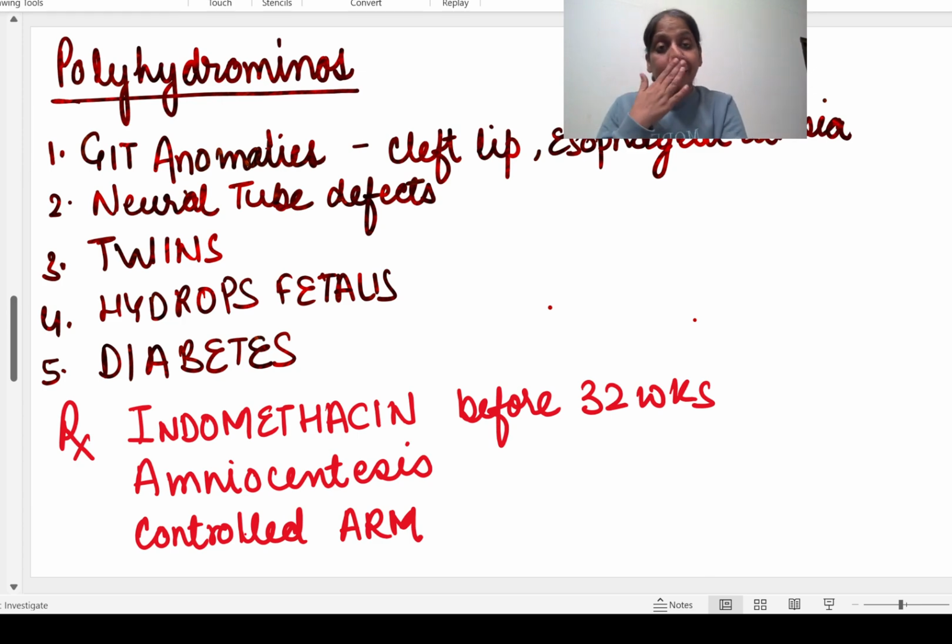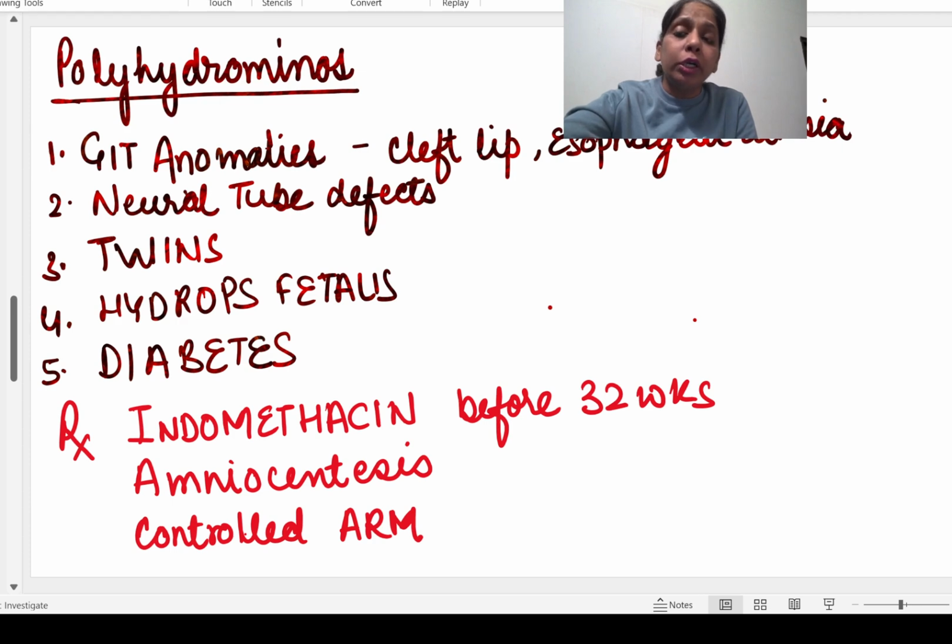For example, in the case of the cleft lip, in the esophageal atresia. So the most common anomalies leading to polyhydramnios is GIT anomalies, because the fetus is not able to swallow its own urine, which was happening normally. There is a swallowing defect in the case of the GIT anomalies, and that is why the polyhydramnios occurs.